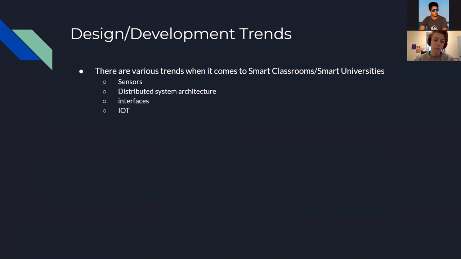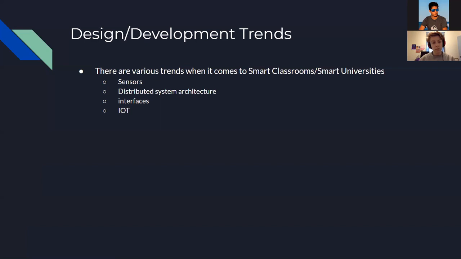Distributed system architecture, so just having architecture that allows the technology to be used in the classroom effectively. Interfaces, so oftentimes it's hard to control a lot of devices if they're not all connected to one single device.